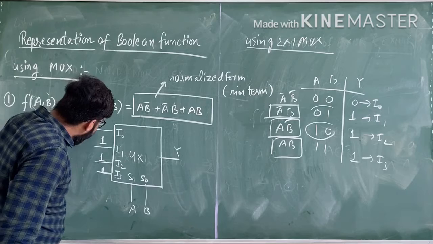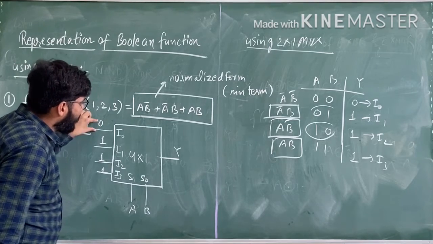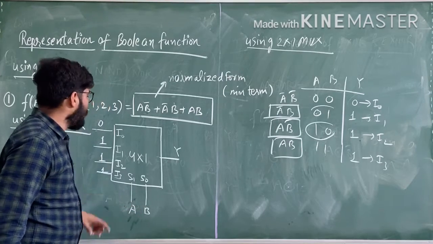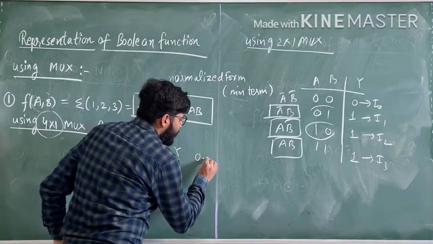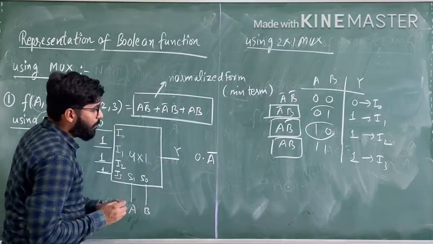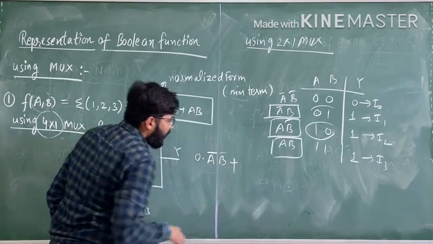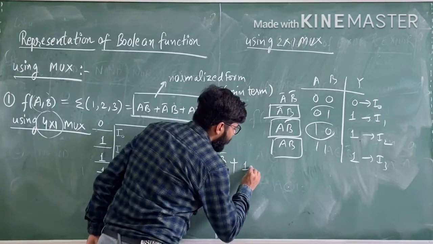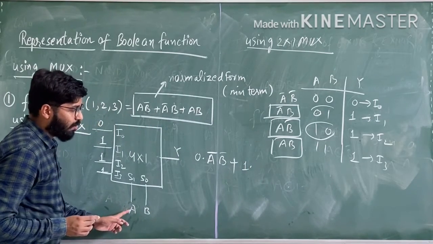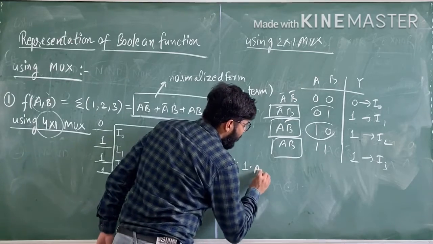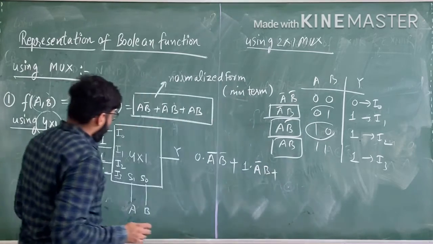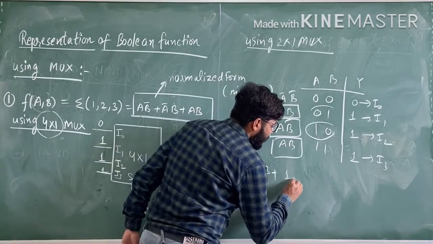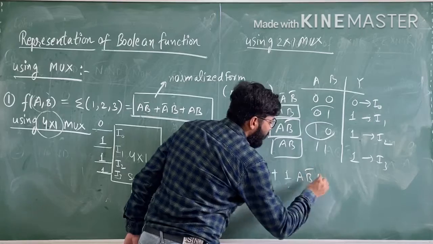If this input is passed through the mux when the value of a and b is 0, then we get 0 multiplied with a complement b complement, plus, I1 is 1, passed when this is a complement and this is b, so a complement b, plus, if I2 is passed through the multiplexer, we get 1 into a b complement.